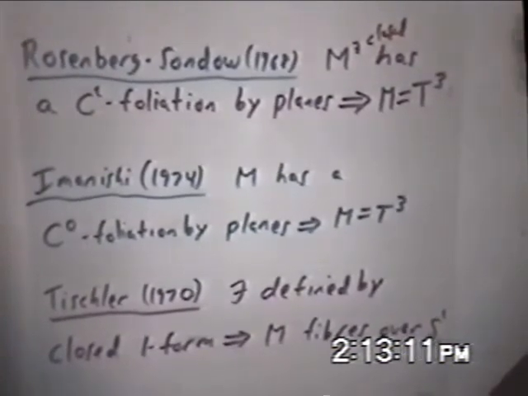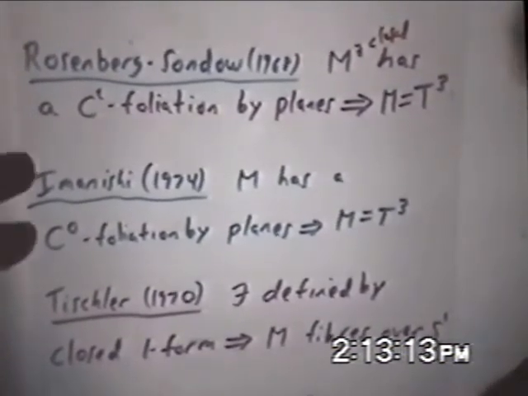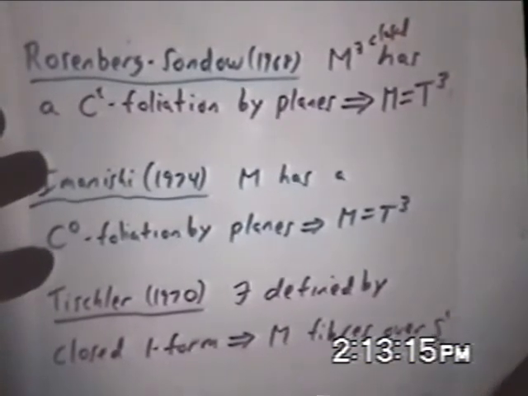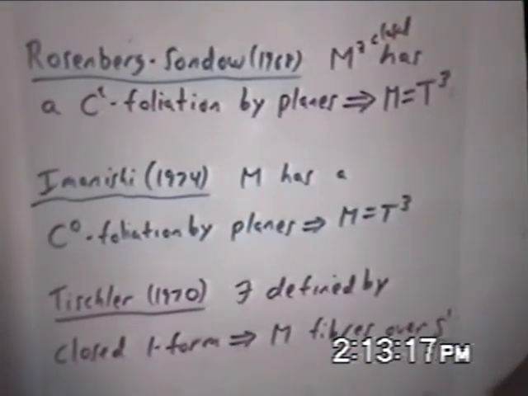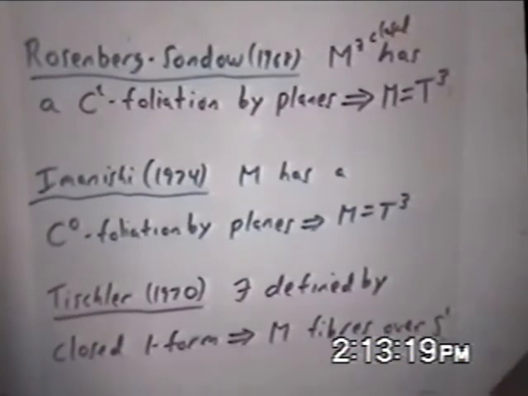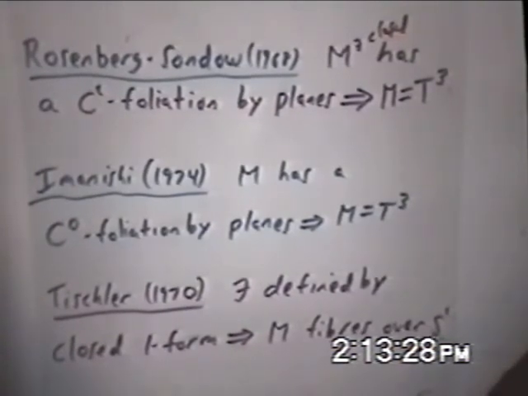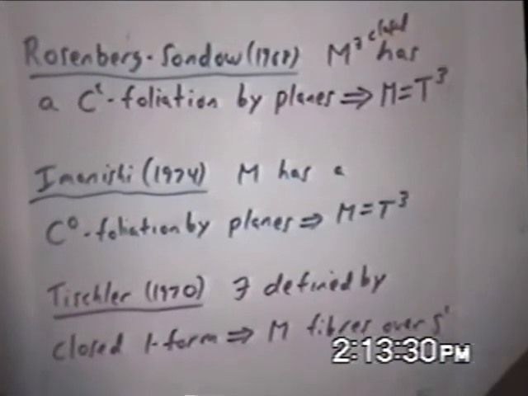These guys anyway use this Sacksteder, but Imanishi actually gave a C0 proof of this theorem. That is, you have a foliation of a three-manifold by planes. The transverse structure is only C0. Then you can show that the manifold is a three-torus.